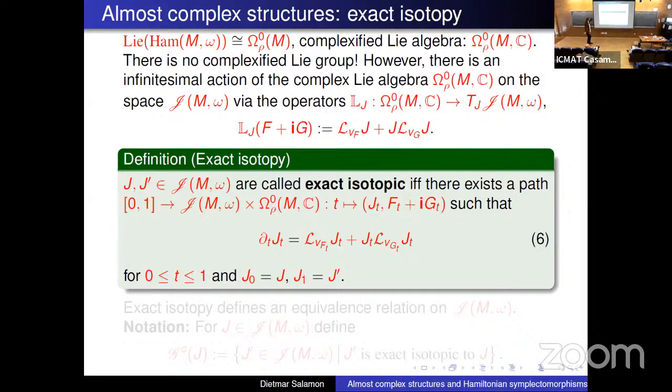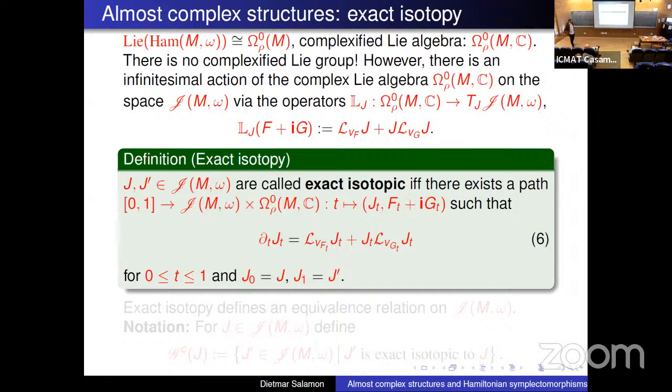So you can think of the image of Lj as a set of all infinitesimal almost complex structures that have the form L_{V_F}J plus J L_{V_G}J over all F plus iG, as a kind of subspace of the tangent bundle of J of M omega, a subbundle of the tangent bundle, and that is an involutive subbundle. And so what one might expect is that one has a kind of Frobenius theorem that tells us that we have leaves that are tangent to this foliation, and the equivalence relation would exactly be the solutions of equation 6.